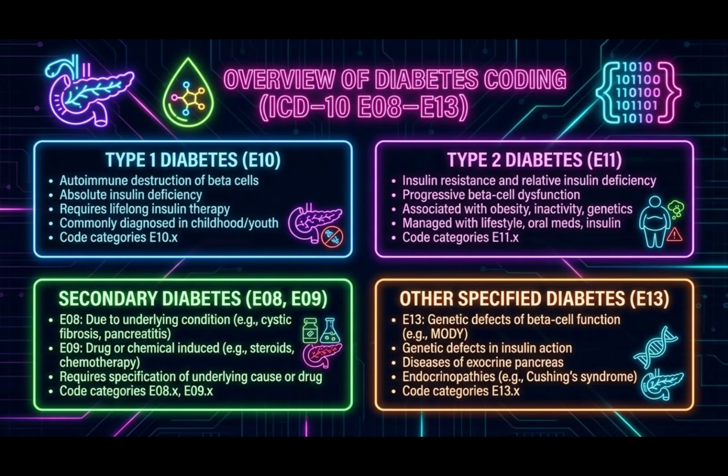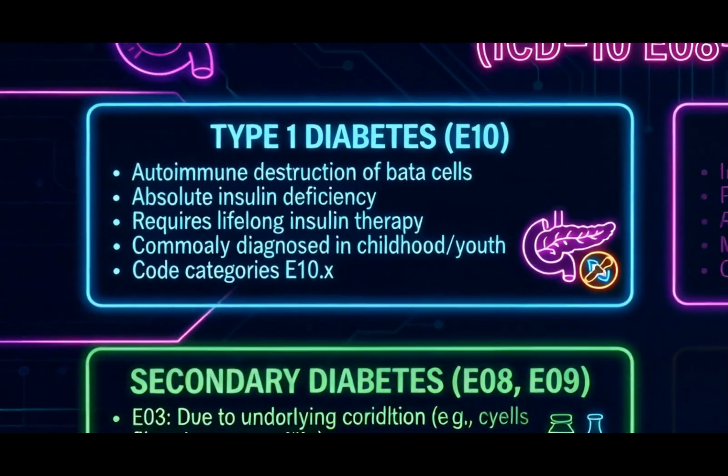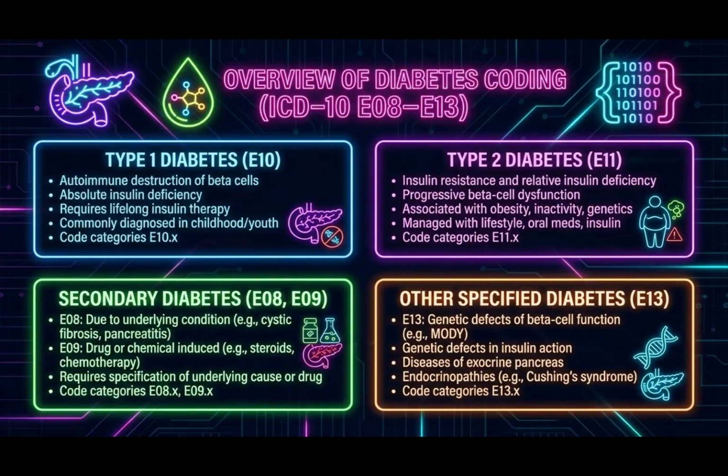Let's take a clear and structured look at the ICD-10 diabetes coding categories, ranging from E08 to E13. This slide gives you a simple overview of the major diabetes types and how ICD-10 assigns codes based on their causes and characteristics. Type 1 diabetes, E10.